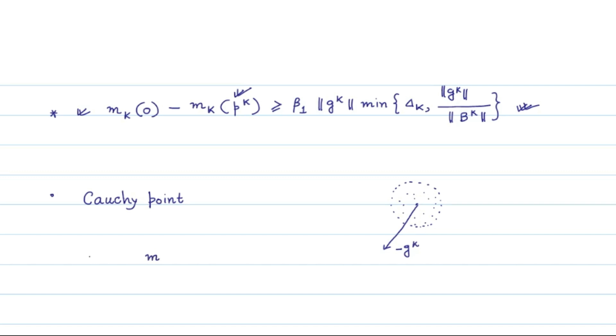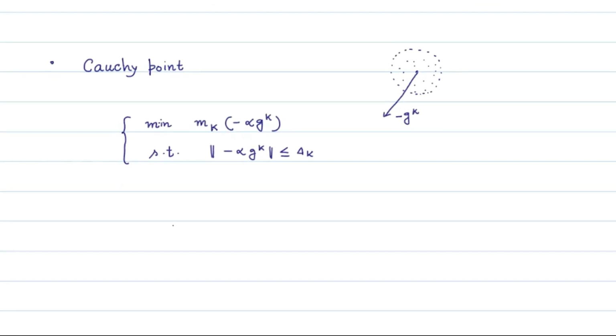So we find a minimum of the model function along the negative gradient of the objective function, subject to, obviously, the minimum point must be lying inside the trust region. A solution to this problem is called a Cauchy point.